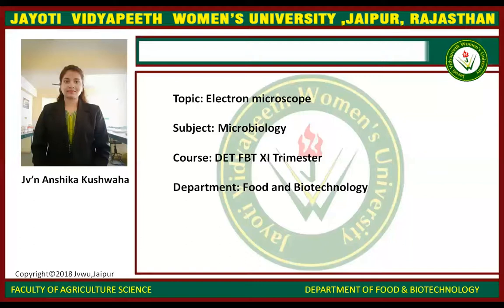Next, what are the techniques of transmission electron microscope? There are 4 techniques. First is negative staining, next is shadow casting, next is freeze fracture replication, and next is freeze etching. So, what are the applications of transmission electron microscope?